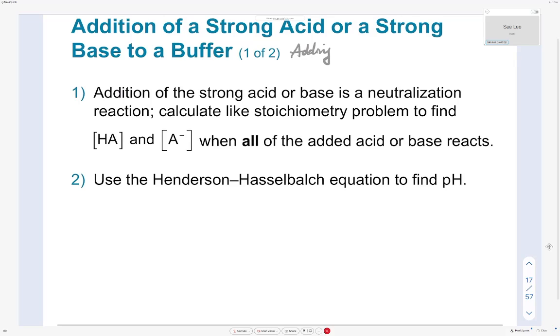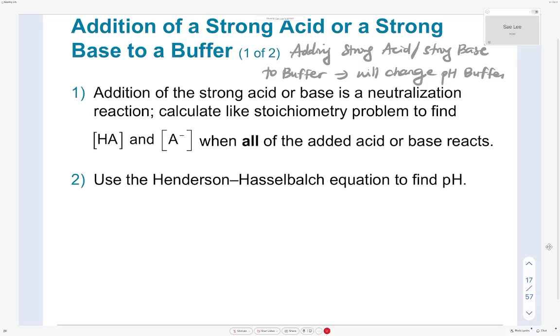Adding strong acid or strong base to a buffer will change the pH of the buffer. We're going to calculate that.